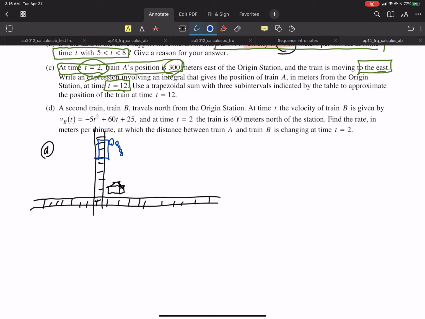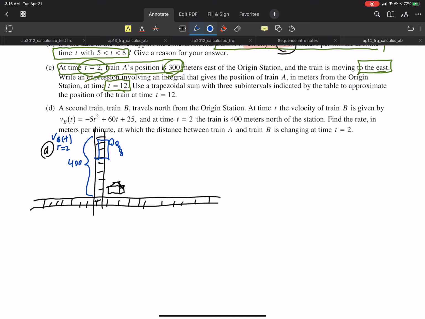And we have its velocity. So the velocity of train B is VB of t. And at t equals 2, the train is 400 meters north. This distance is 400.